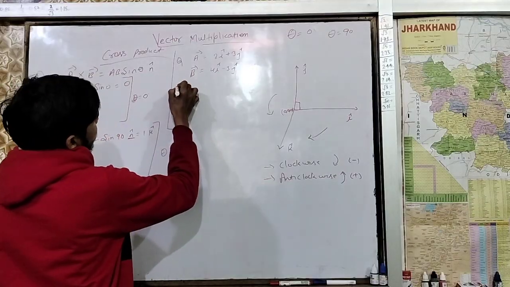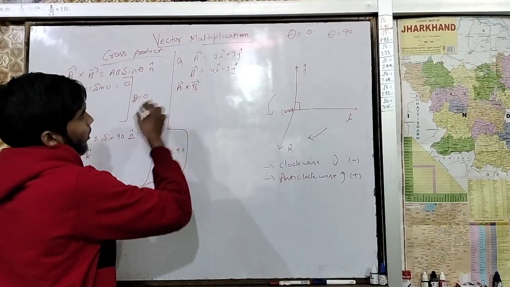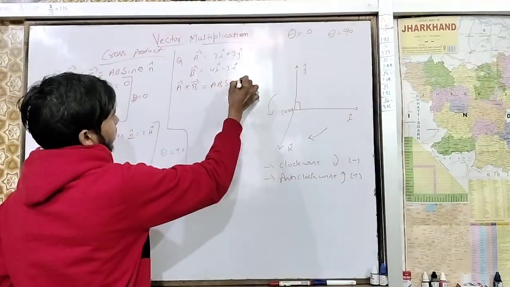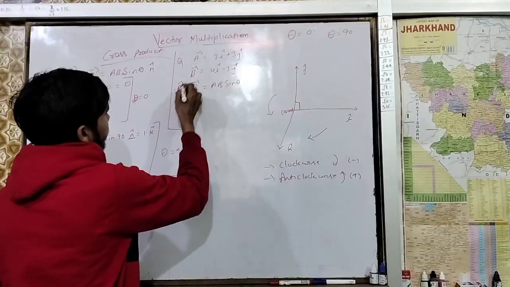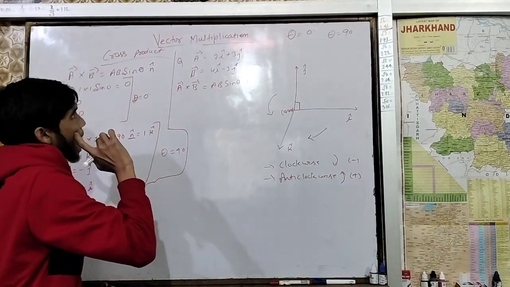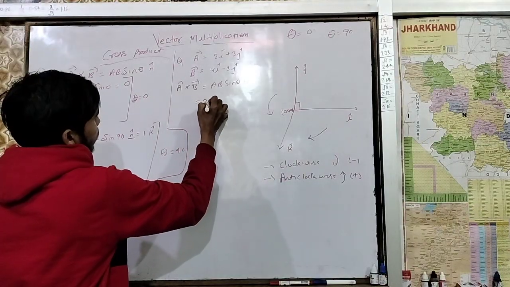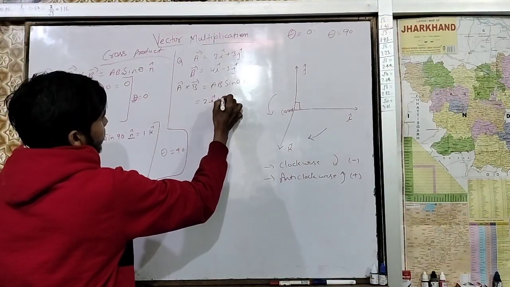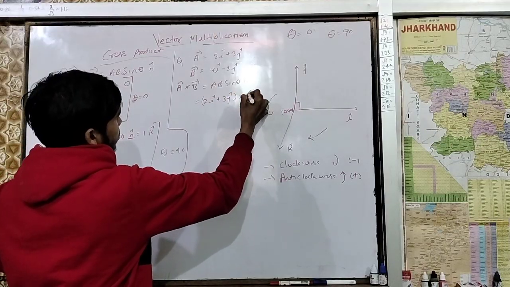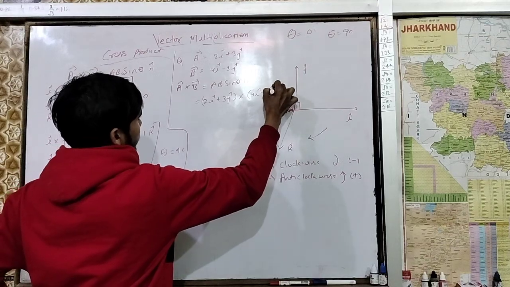As you know, A vector cross B vector is going to be A B sin theta n cap. So we have 2I cap plus 3j cap cross 4I cap minus 3j cap.